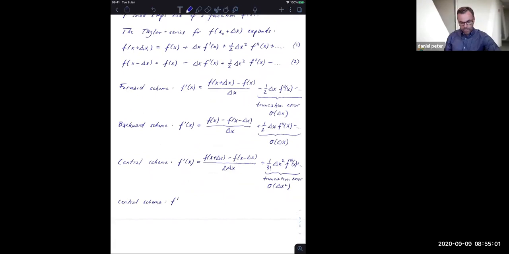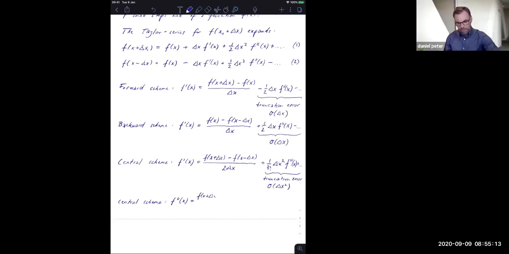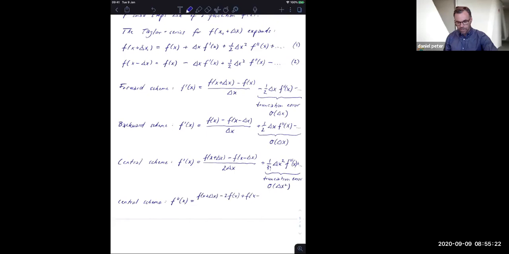And we look at the second order derivative, f double prime of x. So we can write this down as f of x plus delta x minus 2f of x plus f of x minus delta x, divided by delta x squared.